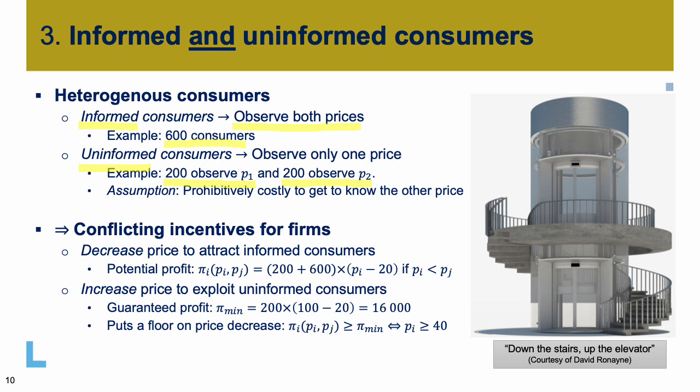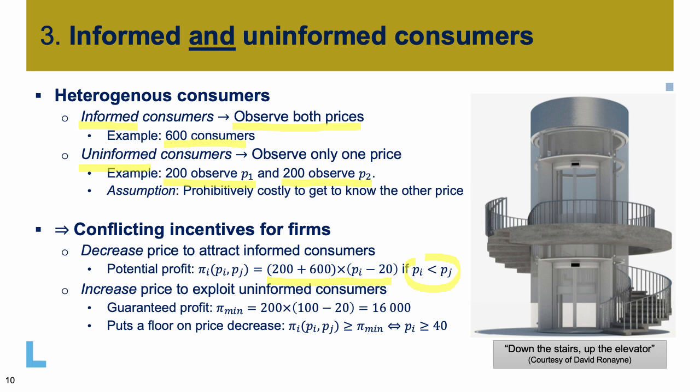Okay, so let's just try to see this in numbers. To get the informed consumers, you want to decrease the price. The profit you would make if you are the cheapest firm: you would sell to your 200 captive consumers. You would also attract the 600 informed consumers. You would make a margin of P1 minus 20, and this is so as long as Pi is less than Pj. Now, that would be being competitive.